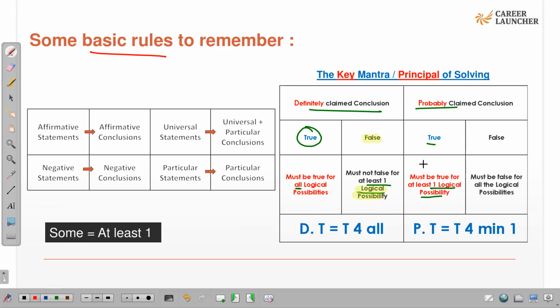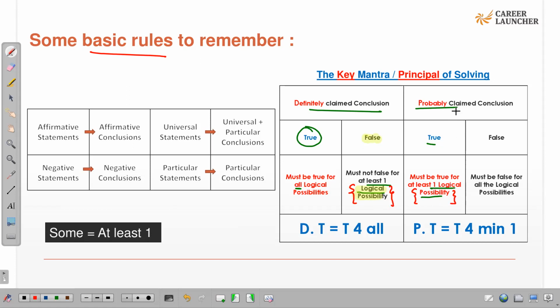So, for our solving purpose, we're just going to apply the same funda: for positive conclusions, we are going to draw the minimum intersection diagram, which will check the falsity of the claim, and for negative conclusions we will try to draw the maximum intersection diagram, which will check the truth of the claim.